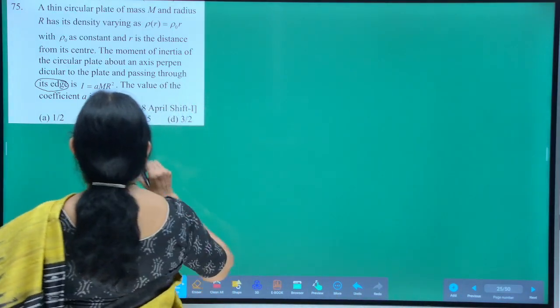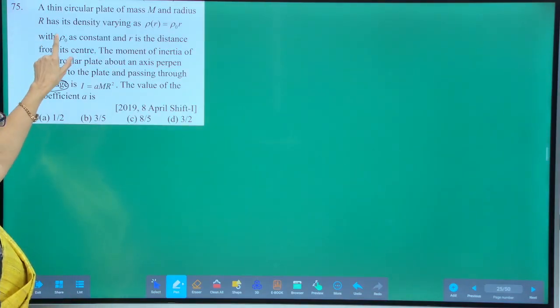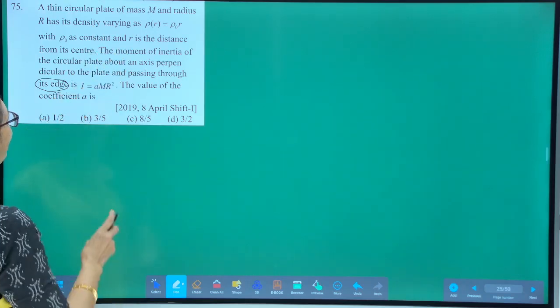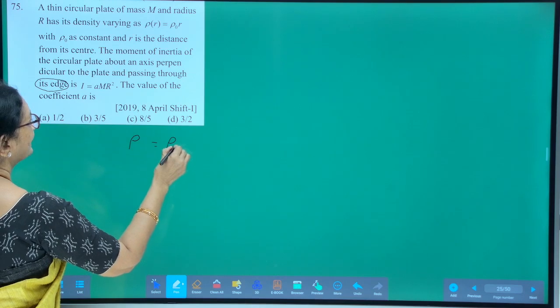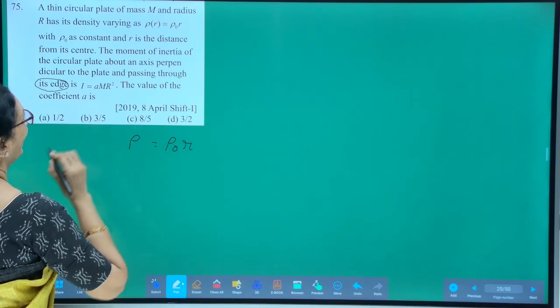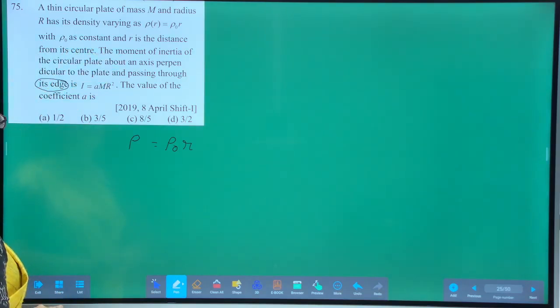Look here, a thin circular plate of mass m, radius R, has its density given as rho naught into r, this is also a similar model, where rho naught is constant and r is the distance from its center.